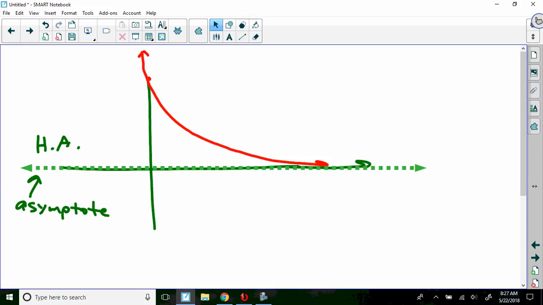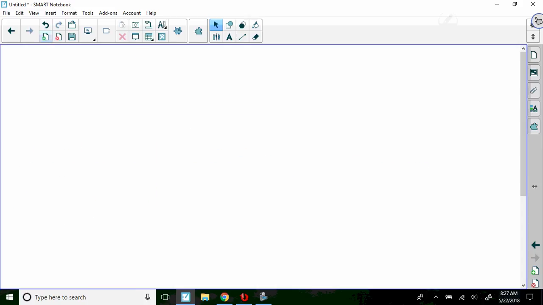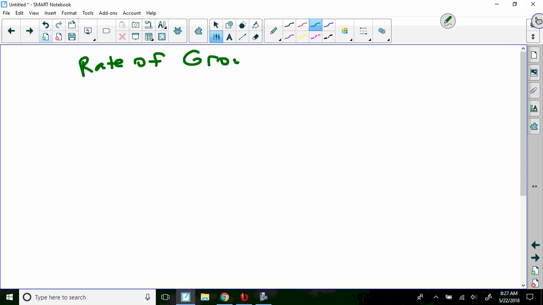So the last thing we're going to look at today is rates. Rate of decay, rate of growth. Taken from our b equals 1 plus r, if you want to find the rate of exponential growth, what you need to do is solve this equation for r in terms of b.